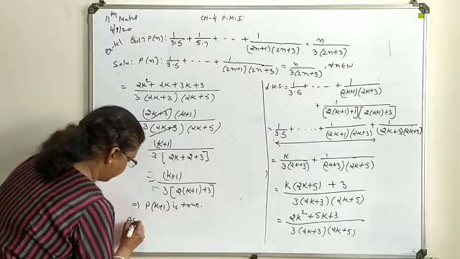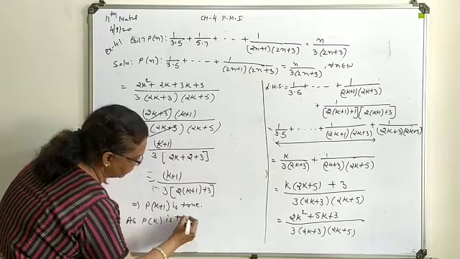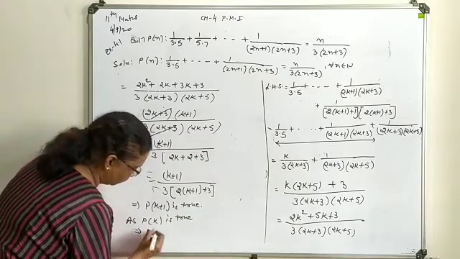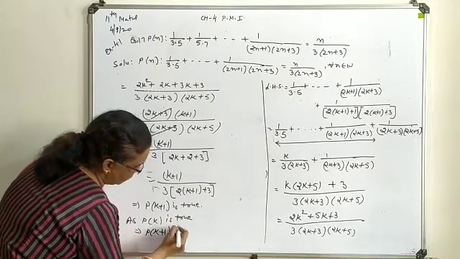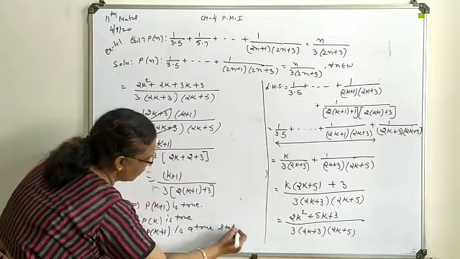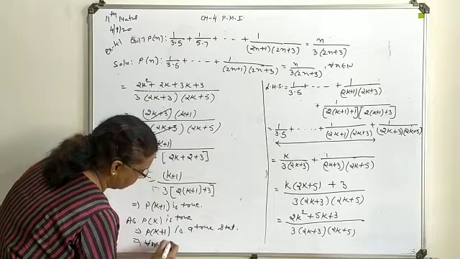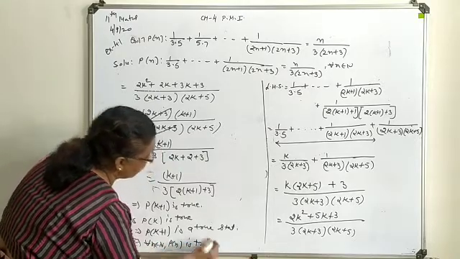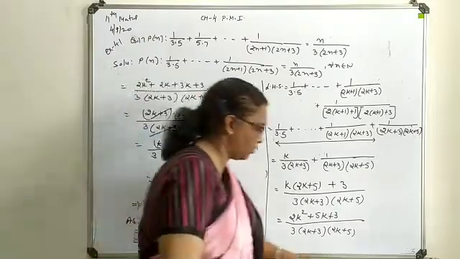So as pk is true implies pk plus 1 is a true statement. Therefore, for all the values of n, Pn is true. So this way, this different type of combination you can generate.